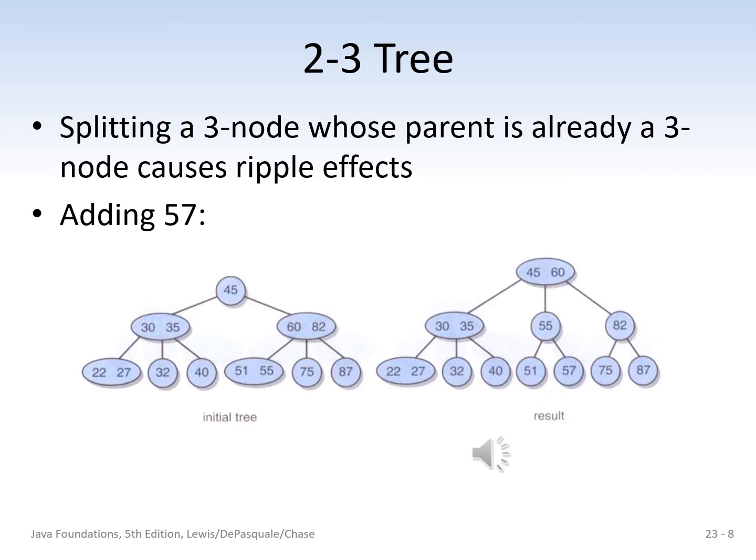So there's a significant amount of transferring. The entire tree structure gets changed to accommodate adding 57 and adhering to the rules of a 2-3 tree that can only have 2-nodes with 0 or 2 children, or 3-nodes that have 0 or 3 children. Take a close look.